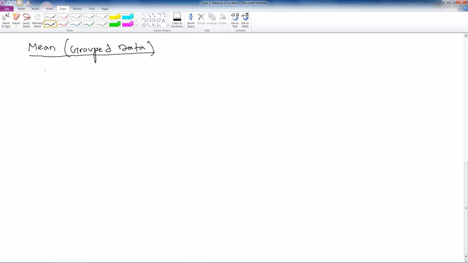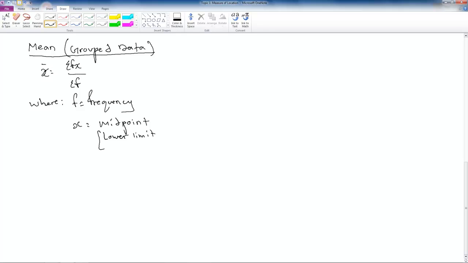The formula is going to be total fx divided by total f, where f equals frequency, x equals midpoint, which is lower limit plus upper limit divide 2.